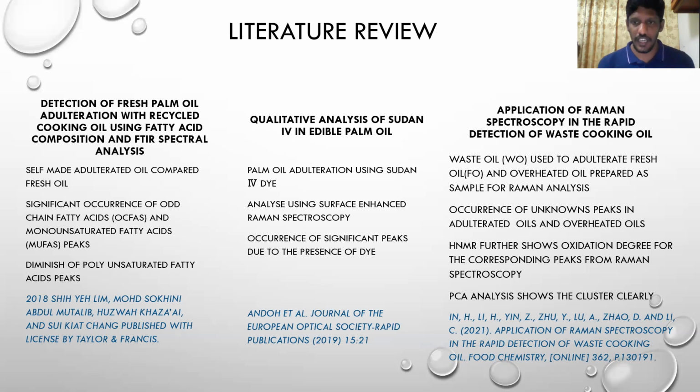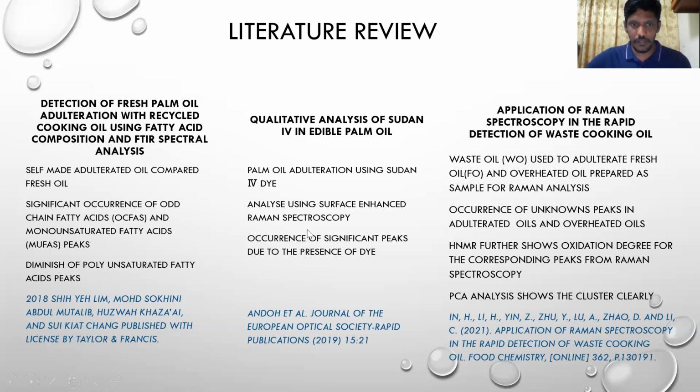Performing the Raman spectroscopy shows the occurrence of unknown peaks in adulterated oil and overheated oils. Further studies using the HNMR technique show the oxidation degree for corresponding peaks from Raman spectroscopy. Then proceeding with PCA analysis shows clusters clearly for adulterated oil, overheated oil, as well as fresh oil.